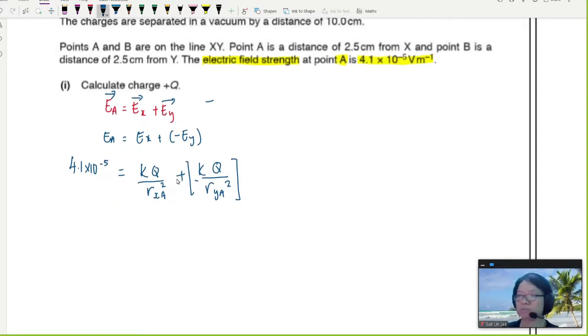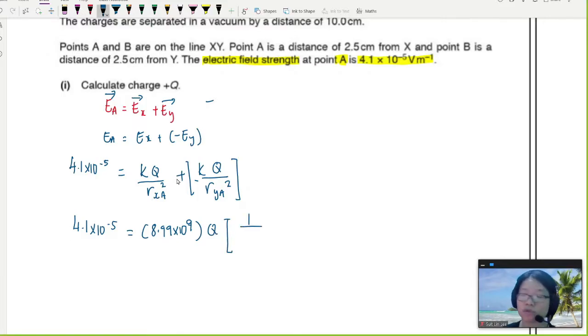All right, so now we can substitute the values. 4.1 times 10 to the power of negative 5. K and Q is a common factor, so I'm just going to factorize it out. Okay, so 8.99 times 10 to the power 9, times Q. Don't forget we're looking for Q.